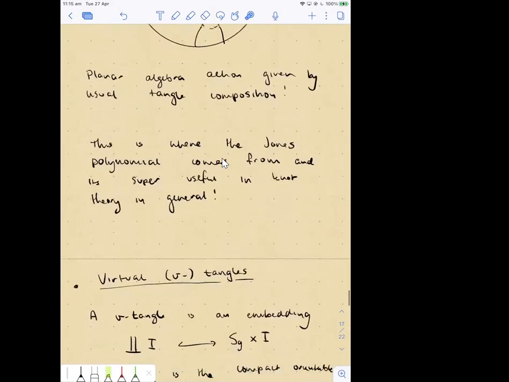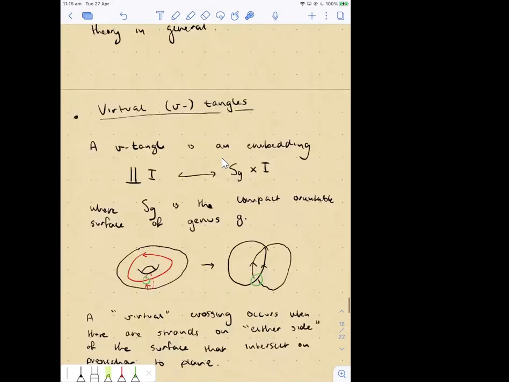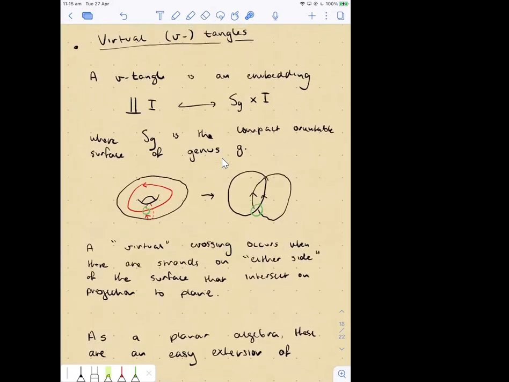So then we have the slightly more complicated and harder to draw virtual tangles, or V-tangles. A V-tangle is an embedding of copies of the interval into a thickened surface of genus g, S_g, across the interval, where S_g is the compact orientable surface of genus g.